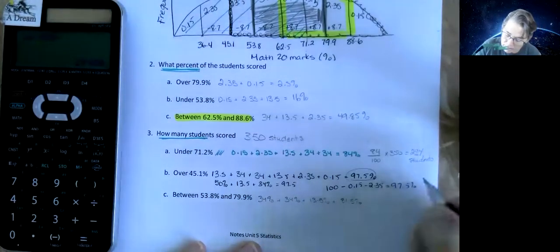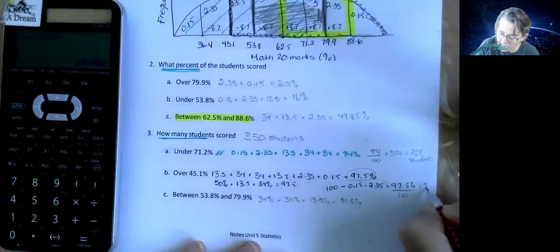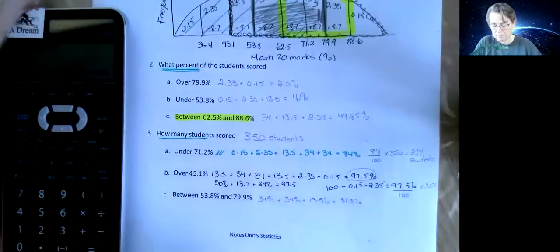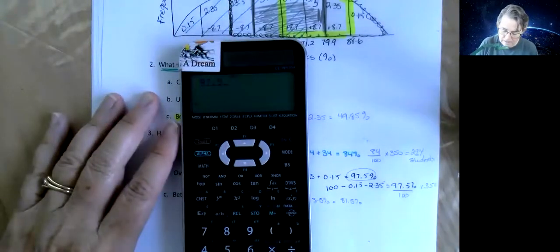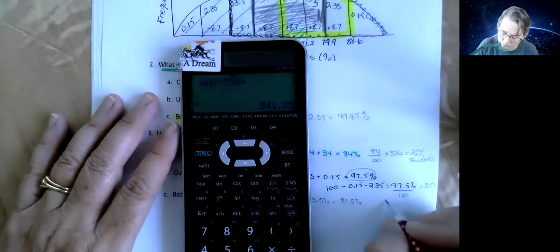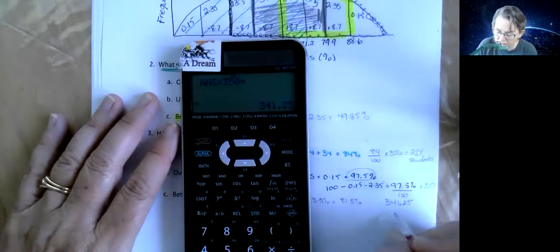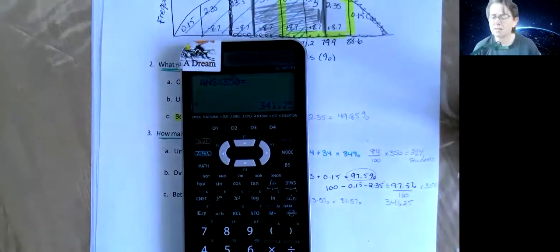So we're going to have to divide by 100 times 350. 97.5 divided by 100 equals that, times 350. All right, so 341.25. That is a lovely answer. We said it should be about 350, so that's great.